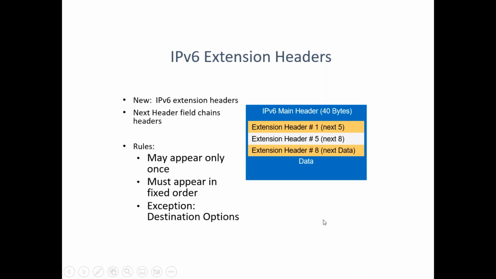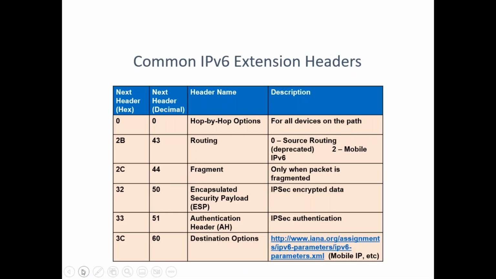So what happens is that the next header field will change to the first extension header, and then that will change to the next, and so on. Now, extension headers must be in a certain order, and you can't duplicate them except for destination options, which can appear more than once.